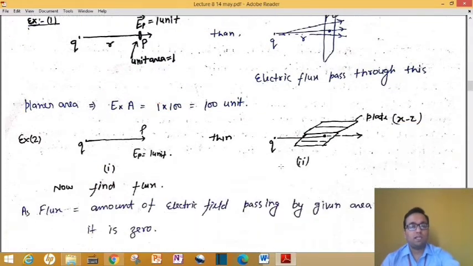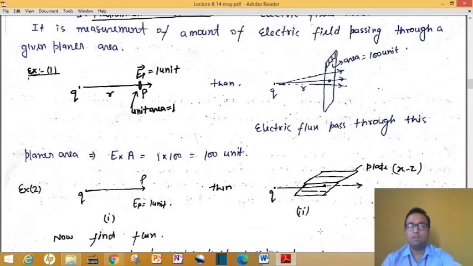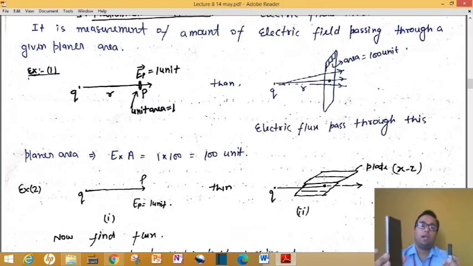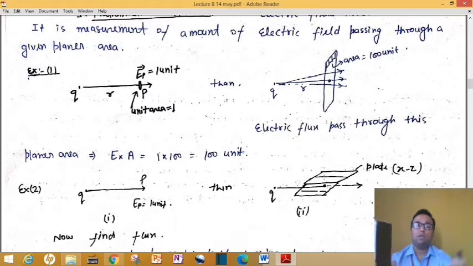Now move to the second example. Here you can see we have this charge, and this point P. If I want to show you, you can understand this black cap as your point charge, and here was your plate. This point charge was giving radiation in all directions, and from this plate also radiation will come out.